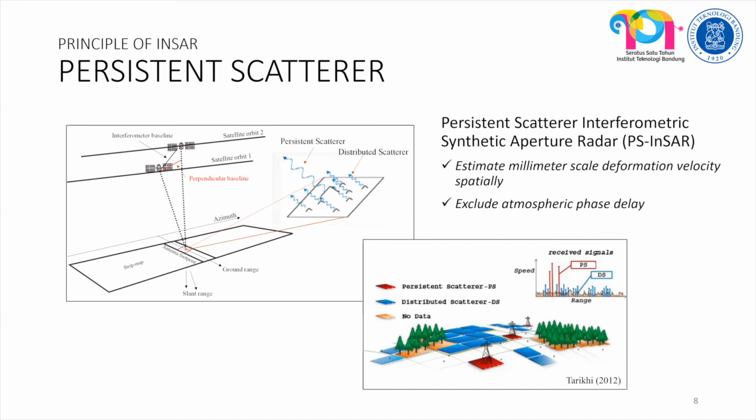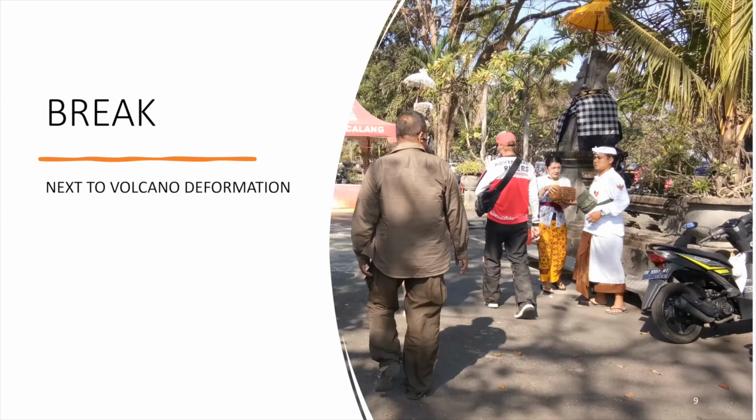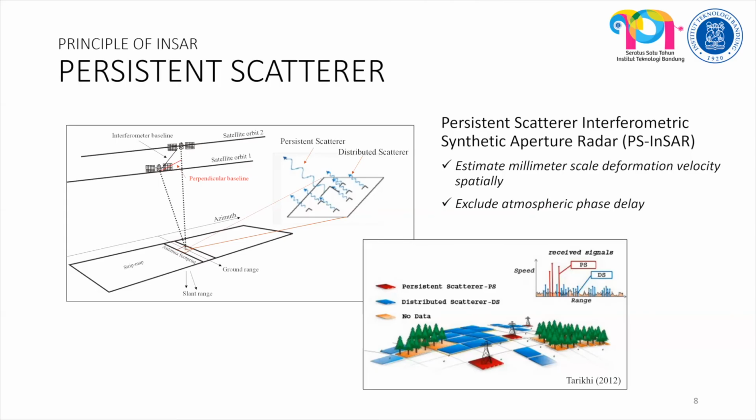What is persistent scatterer? Persistent scatterer means a consistent point at the ground that the radar can measure the range. So this consistent point, which we call persistent scatterer, will be a good signal to get the deformations. For example, if we have some area like this, the good points we call persistent, and the other points we call distributed scatterer. Persistent scatterer is usually a fixed infrastructure or fixed man-made object.